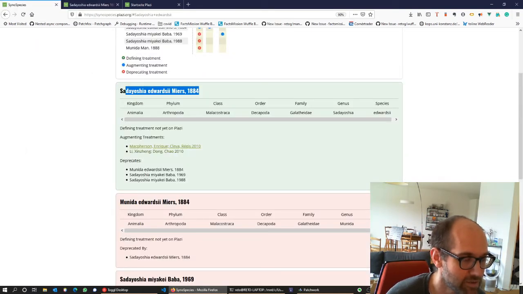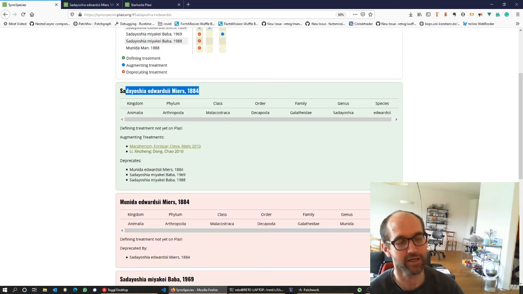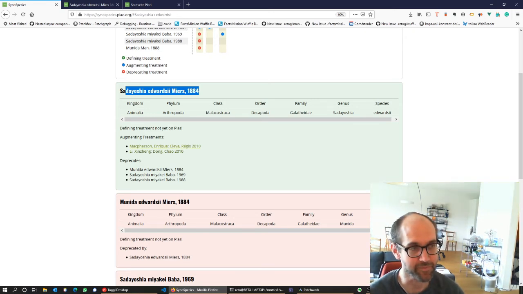Here we see that these treatments are deprecating these previous names of the species.